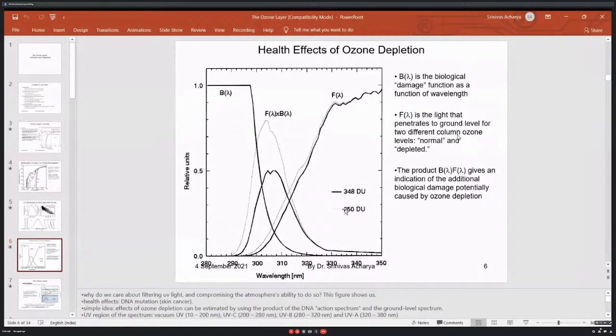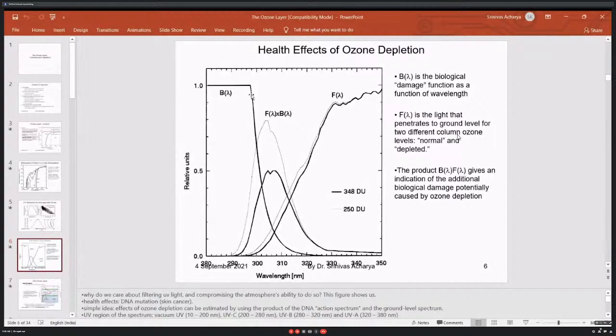That is 250 Dobson unit in the dashed line, and 348 Dobson unit in the solid line. The solid line is the atmospheric window through which the light radiation will pass, meaning the amount of light that penetrates to the ground level through normal conditions and depleted conditions.